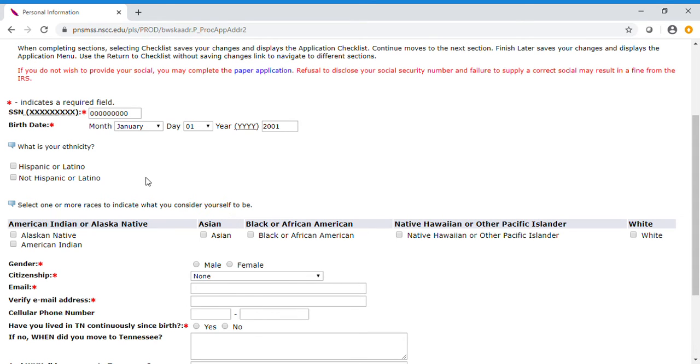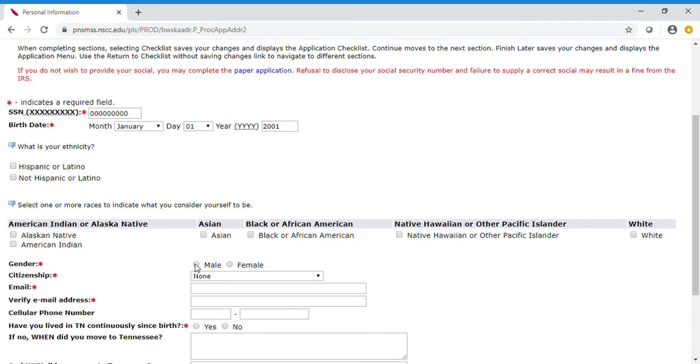Notice how these don't have red asterisks, so you can report what you want to report or report nothing. Right here, gender, it's limited to male or female on the Nashville State application, and it is also a required answer.